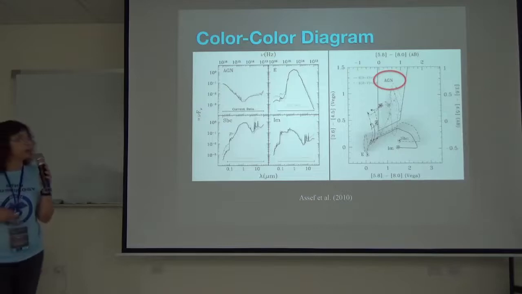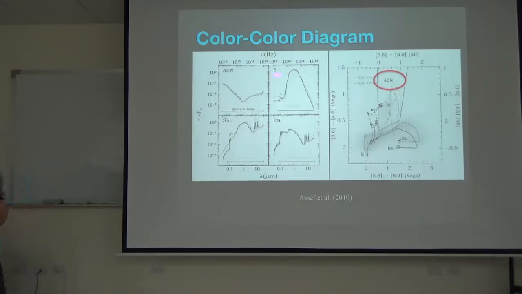If you have the empirical models for certain types, AGN, elliptical, spiral, and irregular, they have different features in their spectra, so they fall in different parts of the color diagram. You can just plot a color diagram and easily find AGN. So it's a very efficient way.